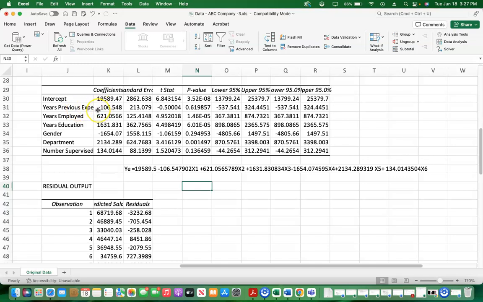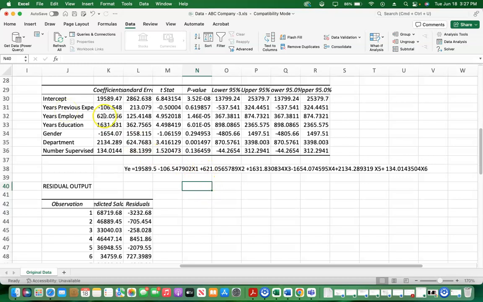It gives us minus, although we cannot have a negative relationship between salary and years of previous experience. But now we're going to see why this is negative. Anyways, we are going to put minus here depending on the outcome. And so we have minus of this value x1, which is years of previous experience.